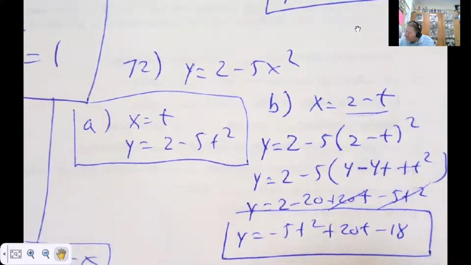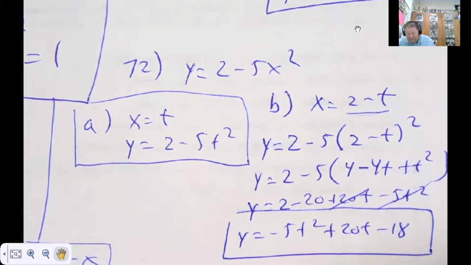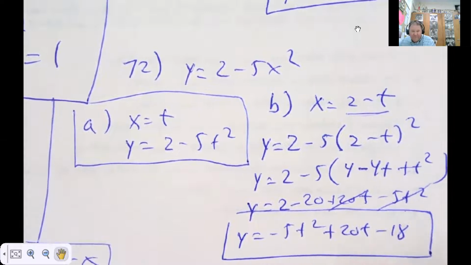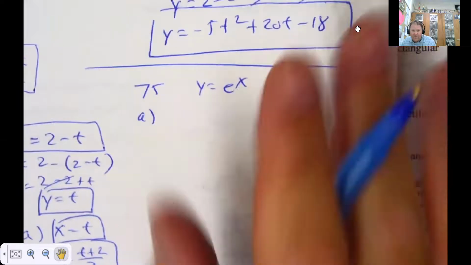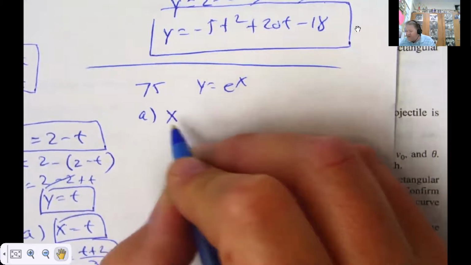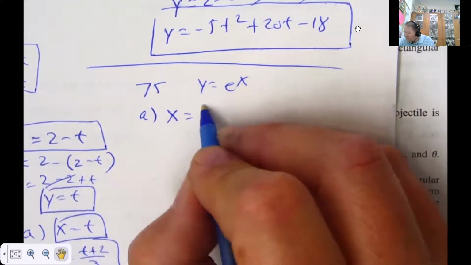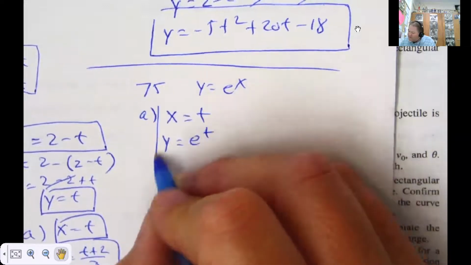75. For part A, the equation is y equals e to the x. So the first parametric equation says that x equals t, which means that y equals e to the t. There they are.